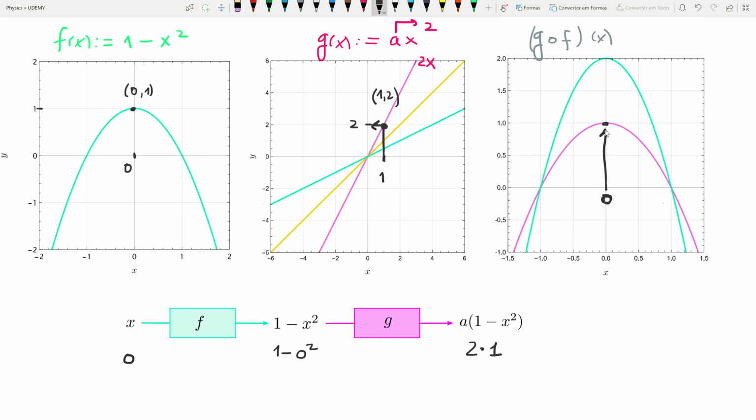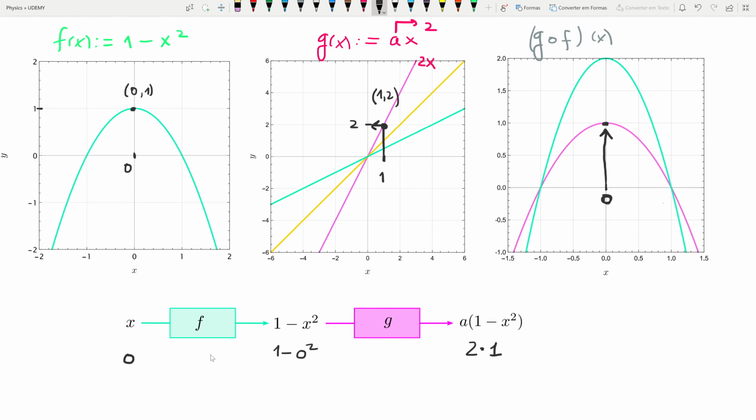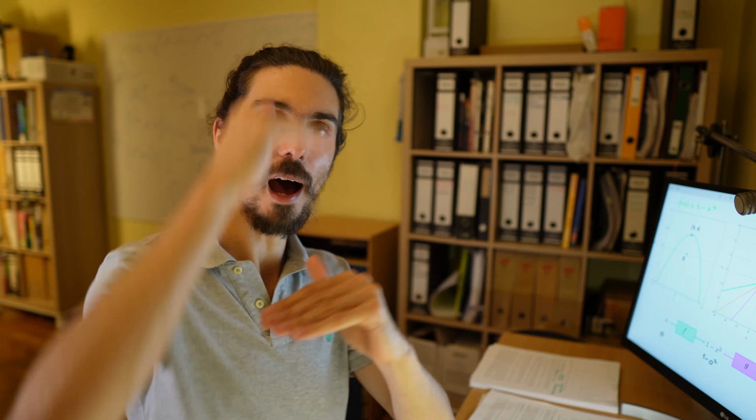But under the action of the g of f, the 0 is not mapped into 1, but it's mapped into 2. And so the 0 goes instead up to here. You see? As a result, the top of the mountain now is higher after this transformation.